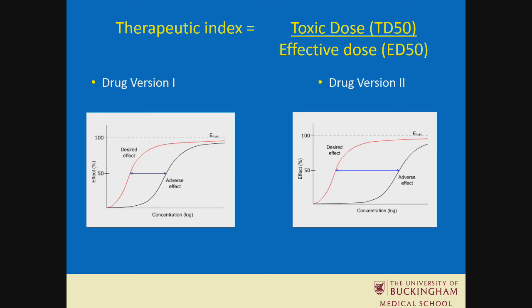So you go away, you fix that, you design some drugs, and the 13 people in this audience who will be expert drug designers at the end of this term will design a drug that will look much more like this, so we'll have a much wider shift. So there's much more scope to play with your doses in terms of trying to get your desired effect for that compound.